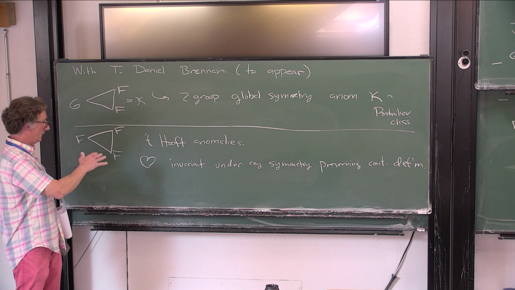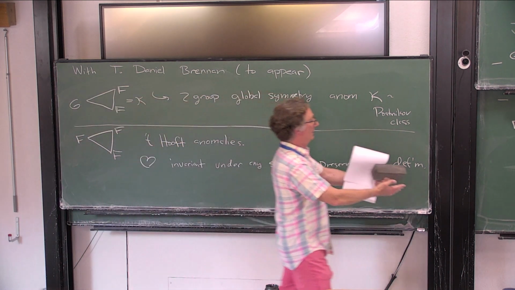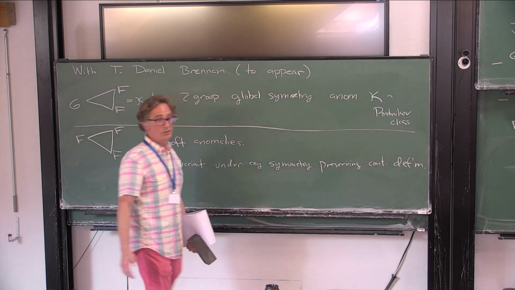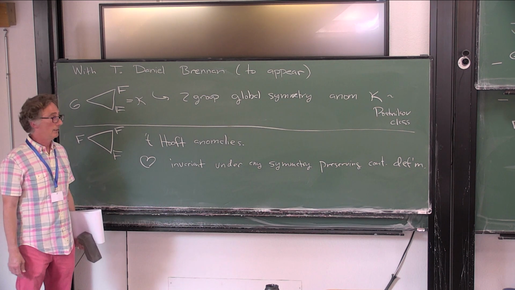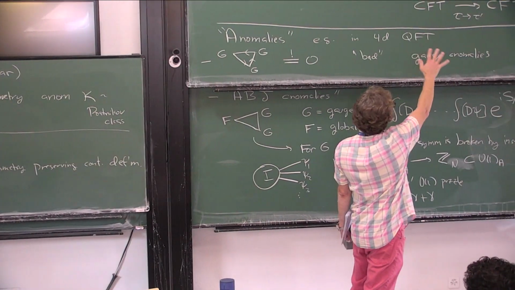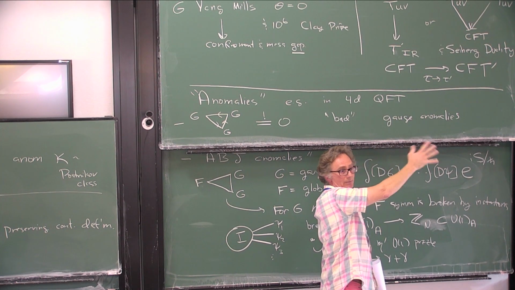Another continuous deformation that preserves the symmetry, assuming that the symmetry isn't broken, like in this case, is the renormalization group. That's the main application of these 't Hooft anomalies: they're invariant under the renormalization group. So in all of these pictures, if there's some kind of 't Hooft anomaly that you can compute in any limit, it has to be the same 't Hooft anomaly everywhere.